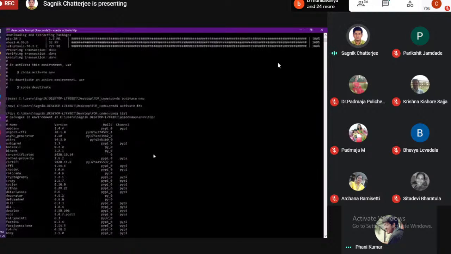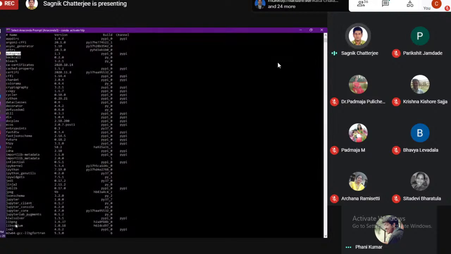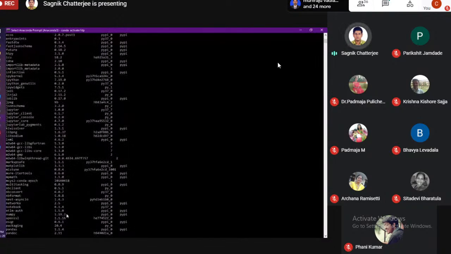Let's check the important ones first. We have Autograd installed, which is somewhat a NumPy type package for PyTorch. You have NumPy installed, 1.19.3. This is actually an earlier version of NumPy. The latest version does not work with PyTorch.